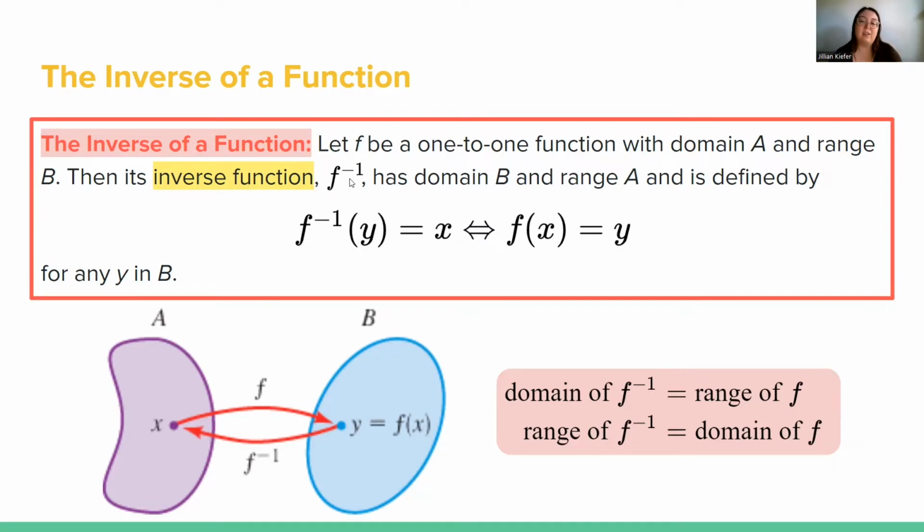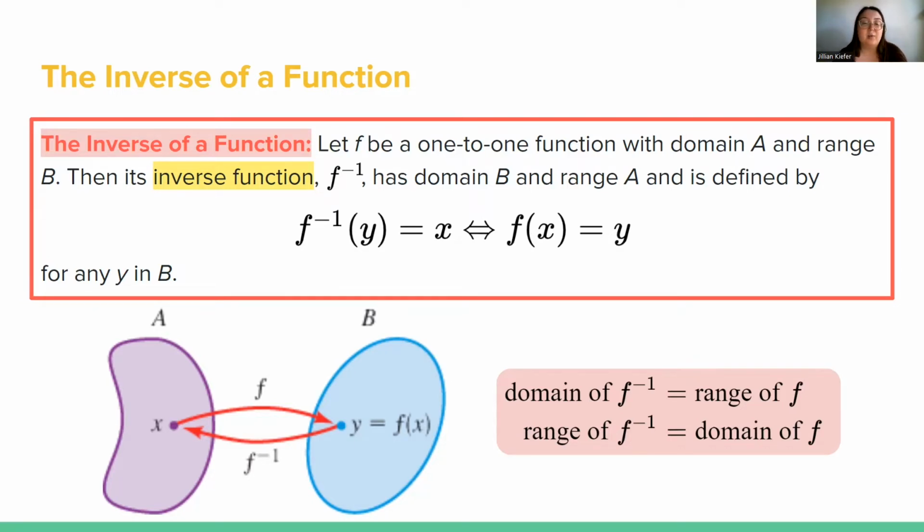But so we have the inverse function f inverse has domain B and range A. See, we flipped those. So previously a function had domain A and range B. F inverse would have domain B and range A. So the same sets, they've just been flipped between domain and range. And it's going to be defined as f inverse of y is equal to x, whereas f of x is equal to y.